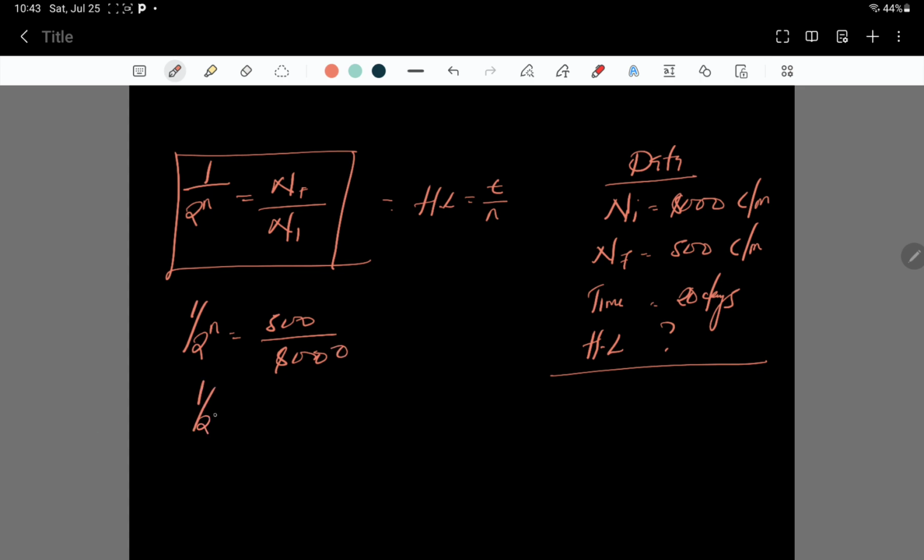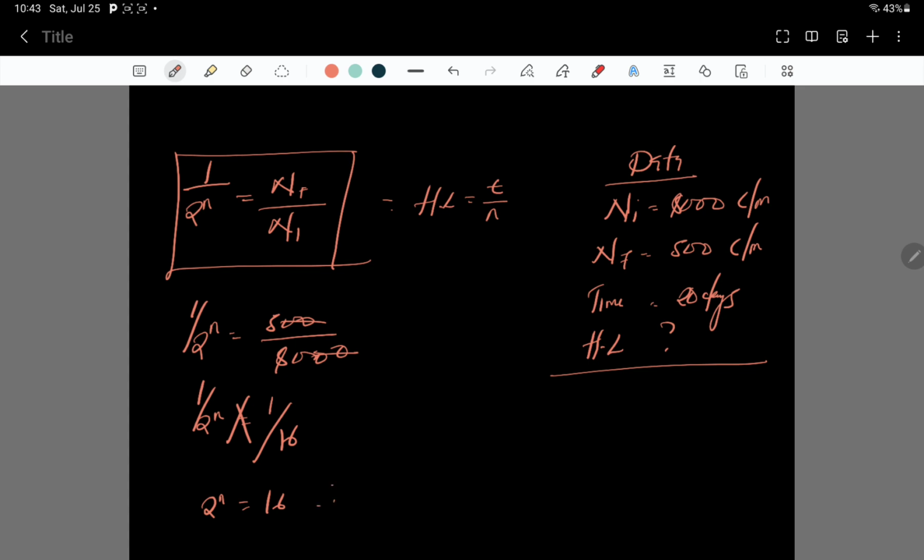So 1 over 2 to the power n is equal to, you cancel: 5 into 5 is 1, then 5 into 80 gives us 16. Now we're looking for the value of n, so we can cross multiply. 2 to the power n times 1 gives 2 to the power n, then 1 times 16 gives 16.